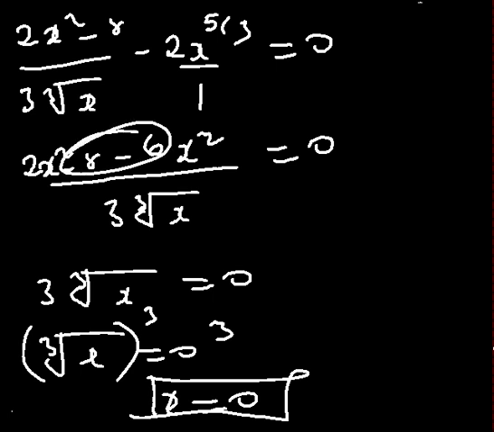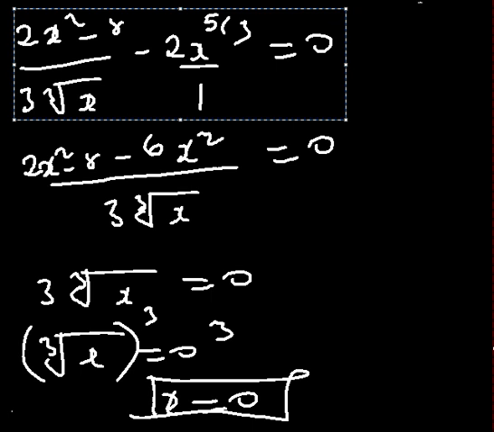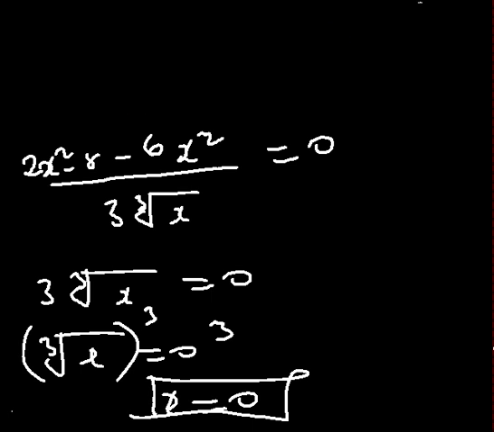And from there we have to make use of the numerator. Now we have 2x squared minus 4x squared minus 8 is equal to 0.